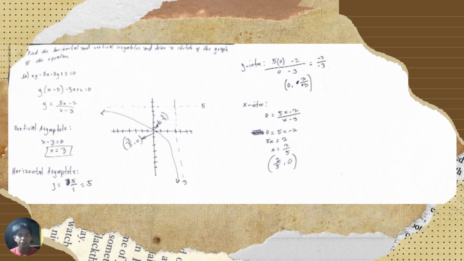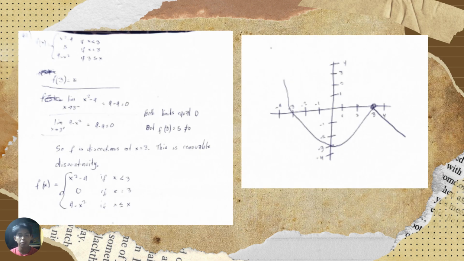Okay, so let's proceed to another problem, which is this one, number 62. So f of x equals x squared minus 9 if x is less than 3, and 5 if x equals 3, and 9 minus x squared if x is greater than 3.